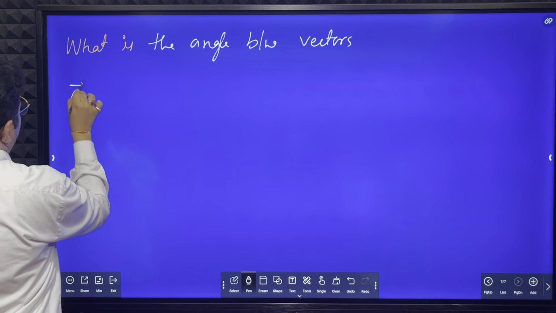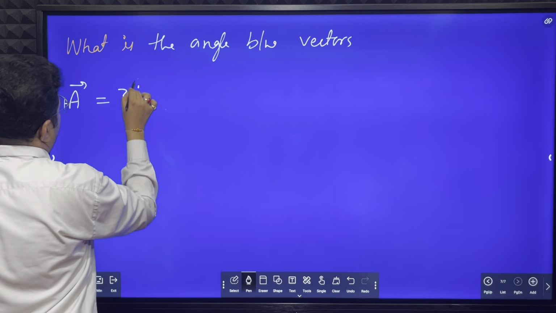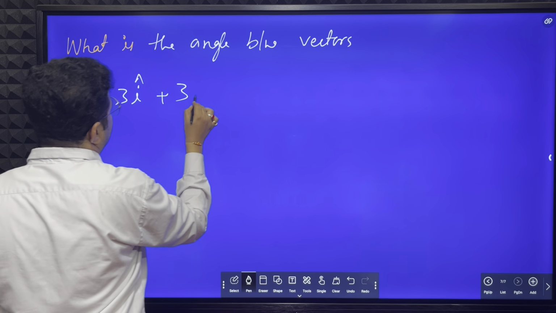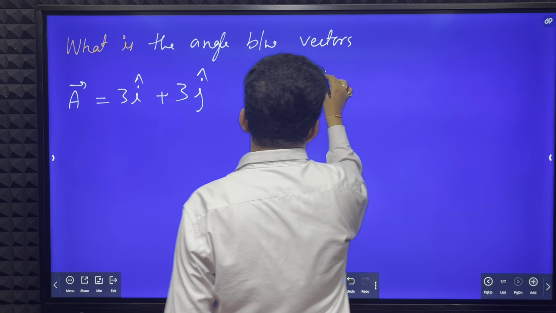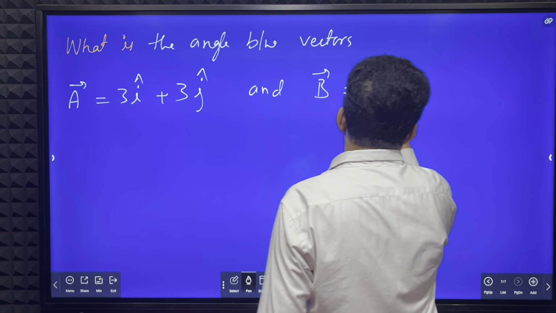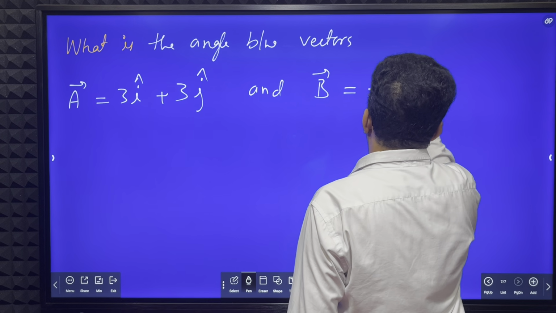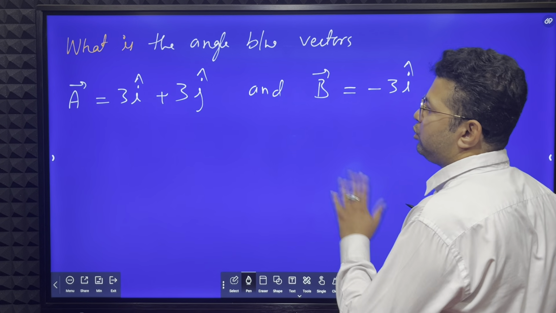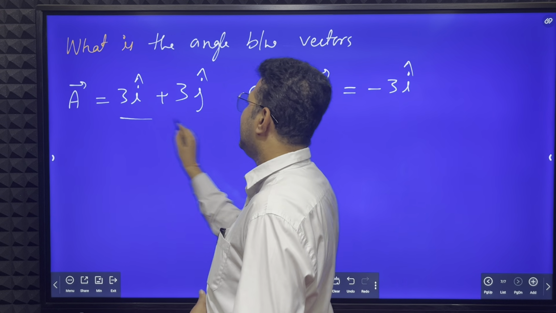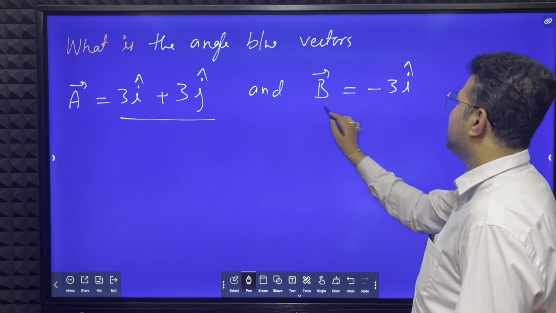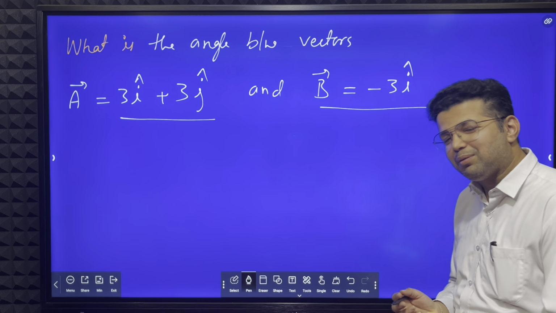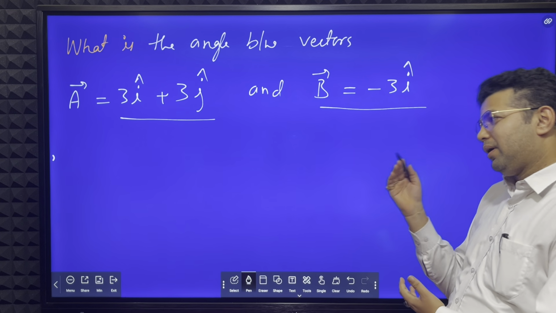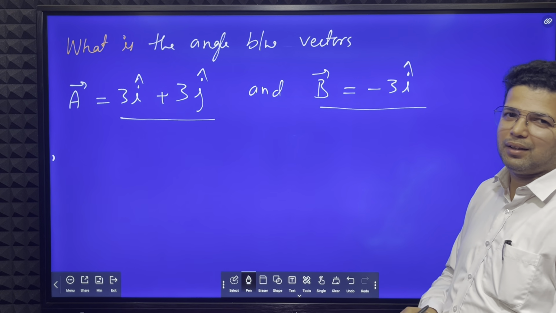Vector A is equal to 3I cap plus 3j cap, and vector B is equal to minus 3I cap. What is the angle between these two vectors? Solve this problem and give the answer in the comment section.